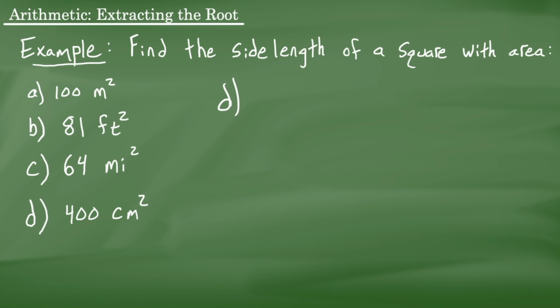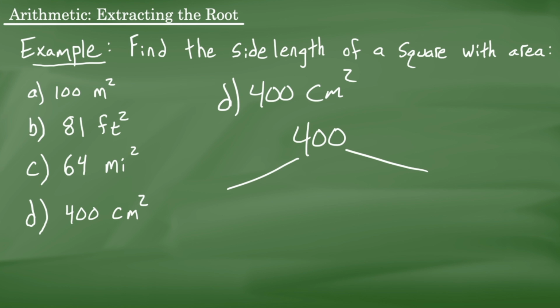D, 400 centimeters squared. Breaking this up again. Go 1, 400. 2, 200. Times this one by 2. Divide this one by 2.